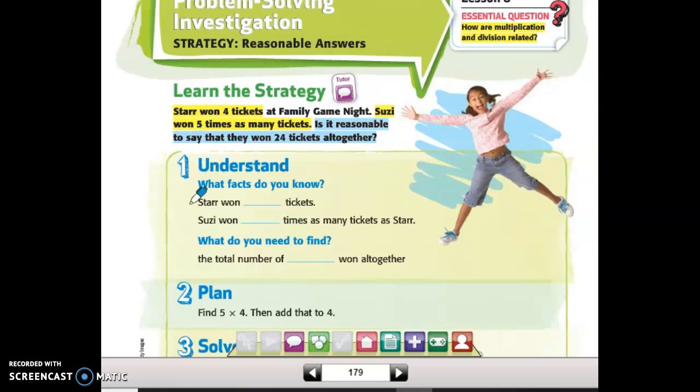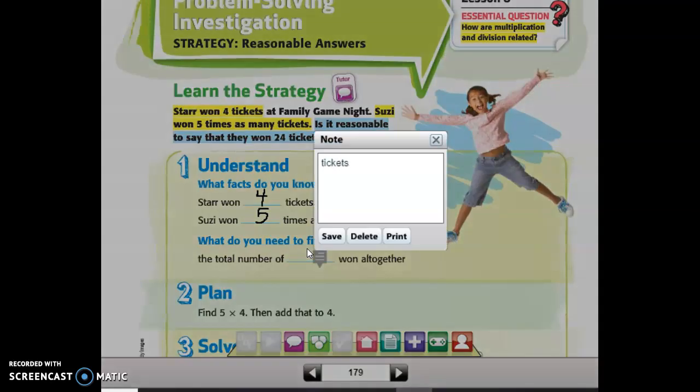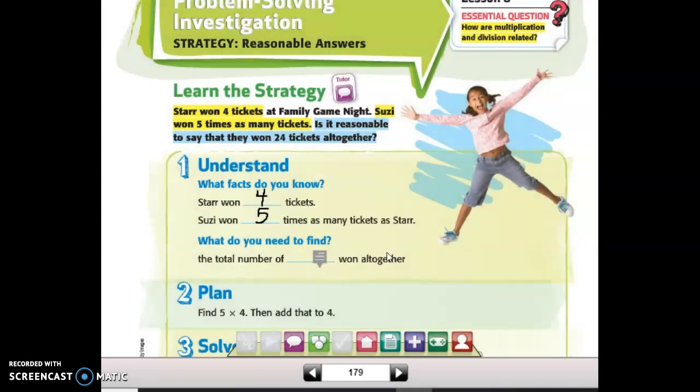That's what we highlight. Star won 4 tickets. Susie won 5 times as many tickets as Star. So we need to find the total number of tickets won altogether.